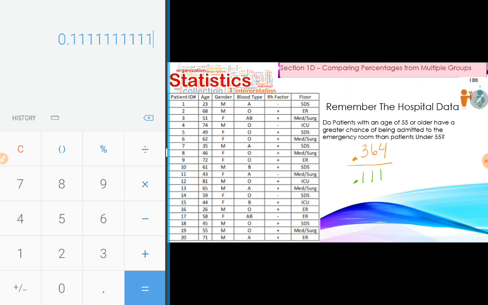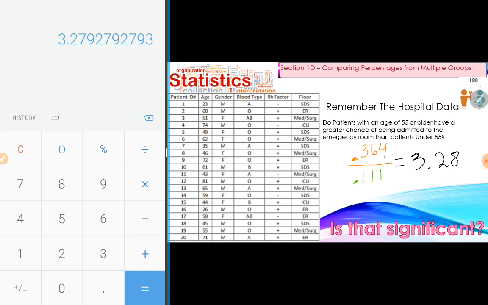So I am going to do some division and find out what my percentage ratio is. That's 0.364 divided by 0.111, and I get 3.27. I'm going to round that third significant digit to an 8 because the 9 tells me to round the 7 up to an 8. So I get 3.28.